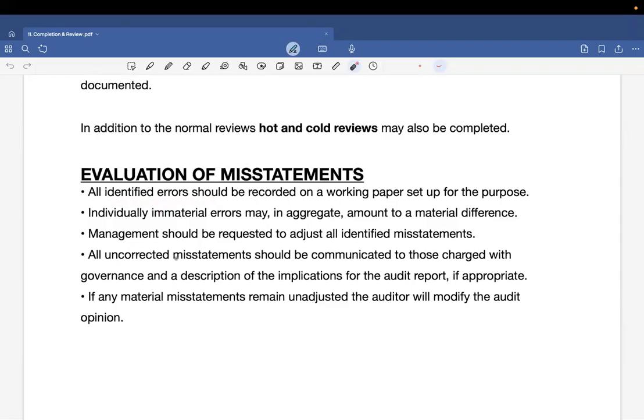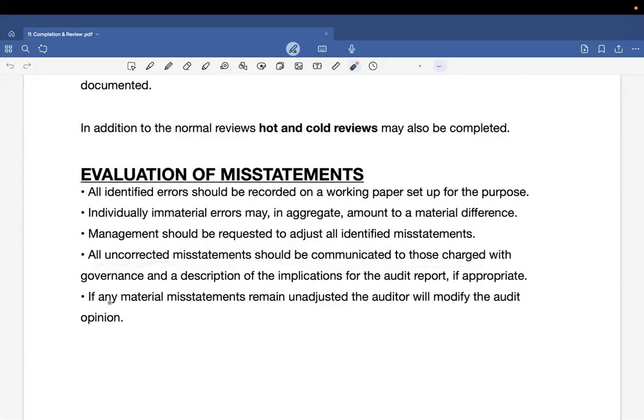We should actually request the management to adjust all the identified misstatements. We're going to tell them to pass journal entries to rectify the errors. And if there are any uncorrected errors, we are going to communicate them to those charged with governance. And we are going to describe to them the implications of those errors in the report if left uncorrected.